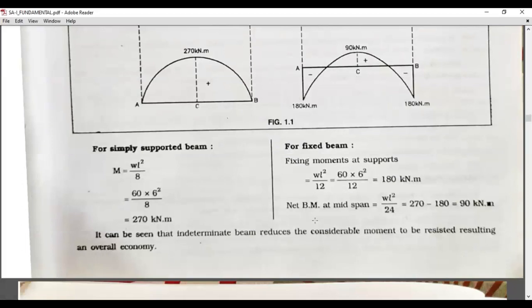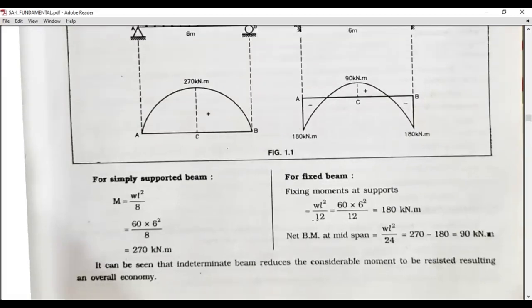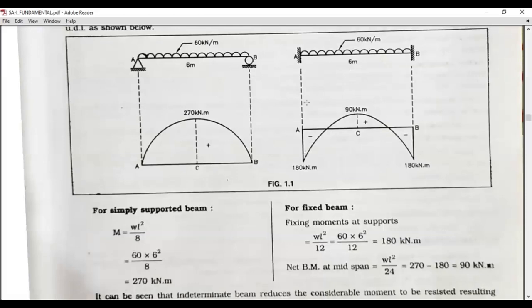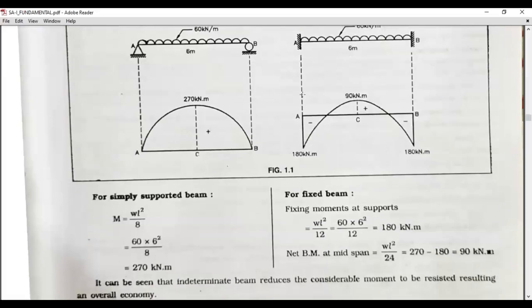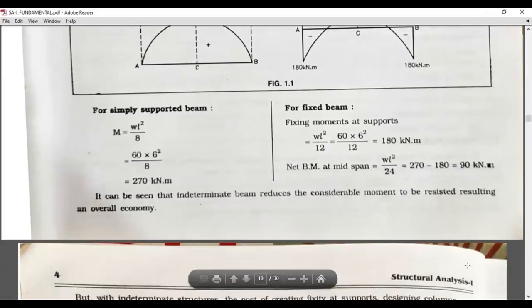Now, through the calculation: for simply supported beam, we know the equation of moment is WL square by 8, and for fixed it is WL square by 12. We put the values W equal to 60 kilonewton per meter and the length equal to 6 meter. We get 270 kilonewton meter. Similarly, here we get 90 kilonewton meter.